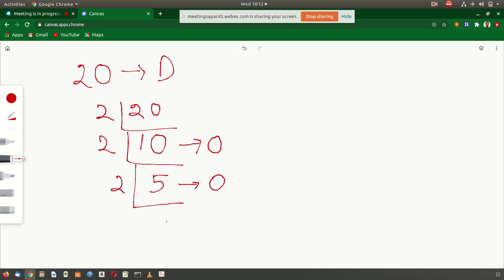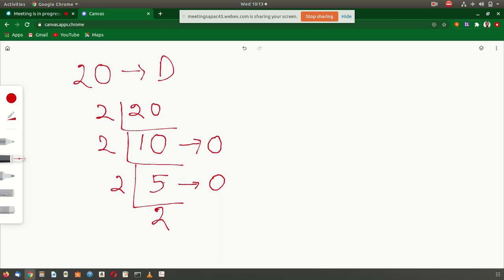So now how many times can 5 be divided by 2? 20 can be divided, 10 can be divided, but 5 cannot be divided evenly by 2.